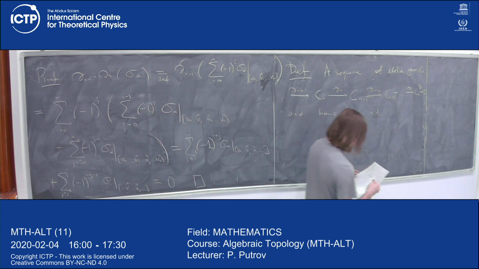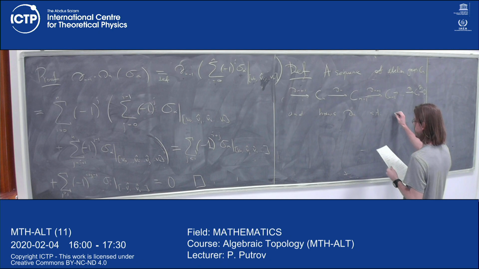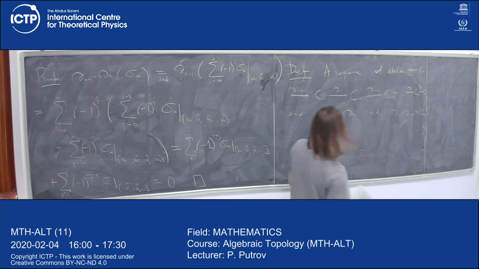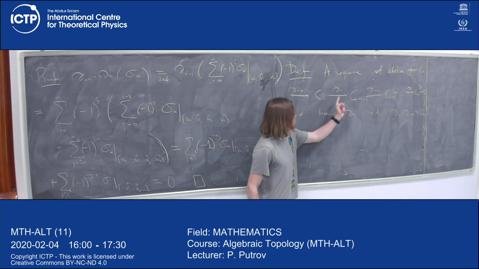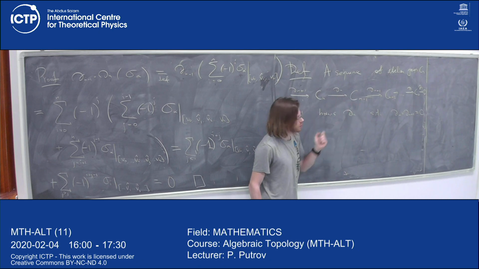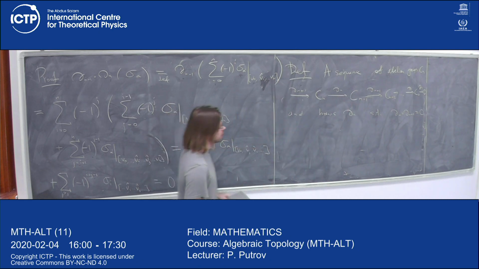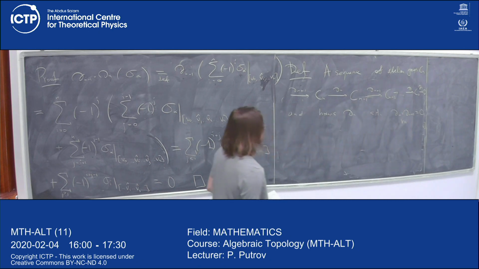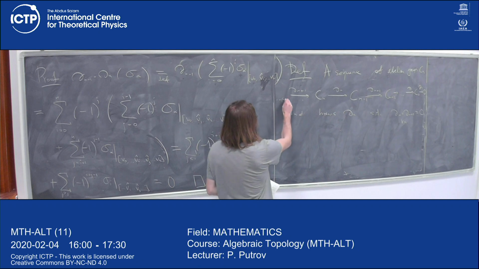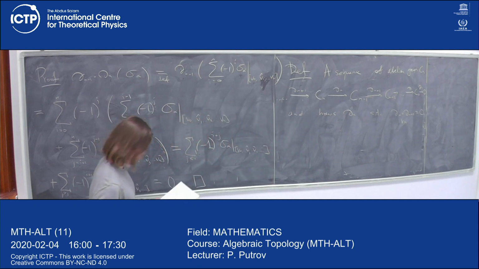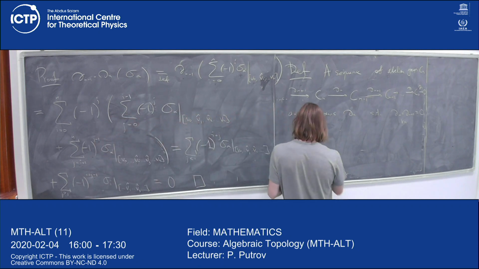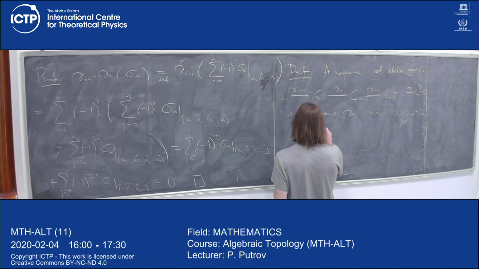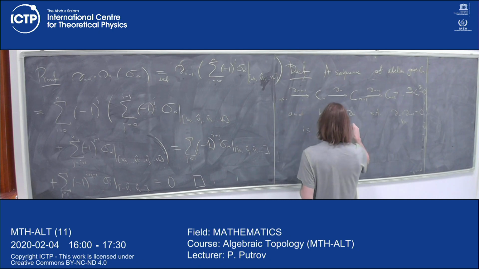These are abstract homomorphisms such that we want them to satisfy this condition: if I take two consecutive homomorphisms, the composition will be 0 for any n. And such a sequence is called a chain complex.